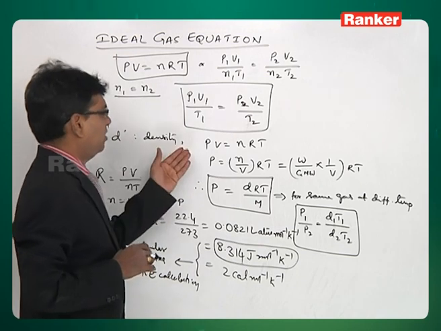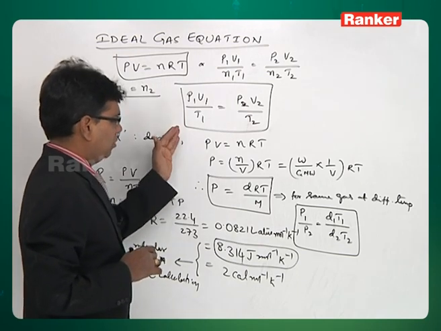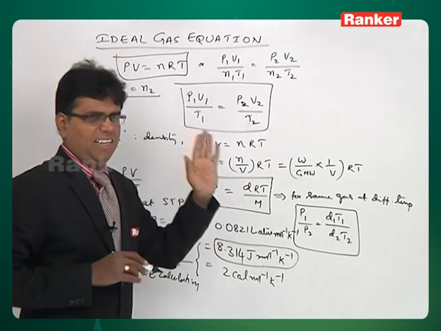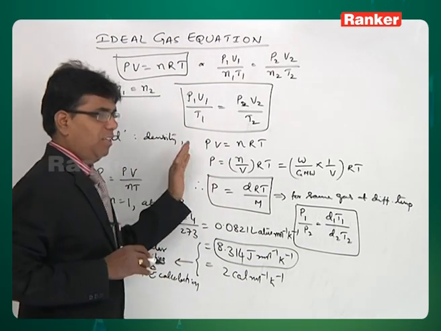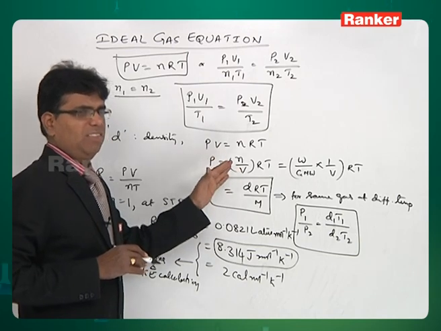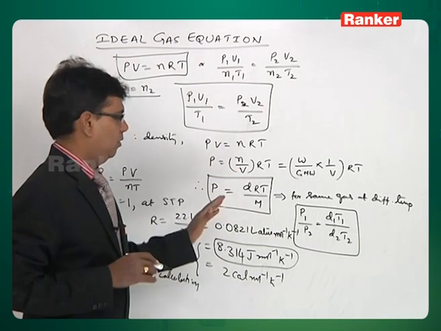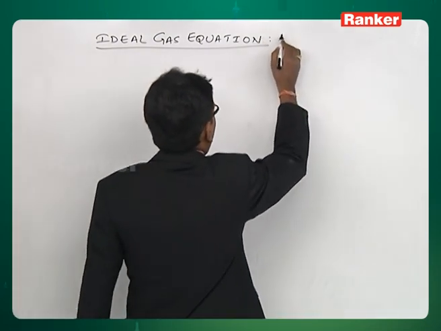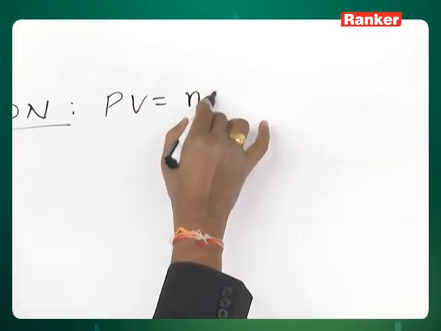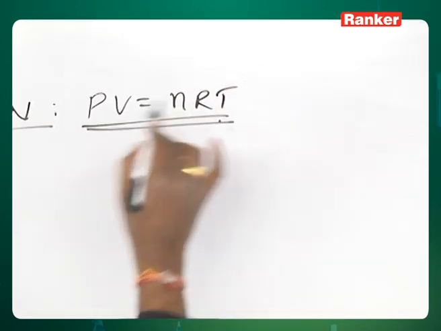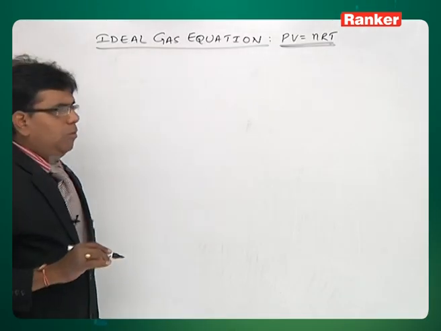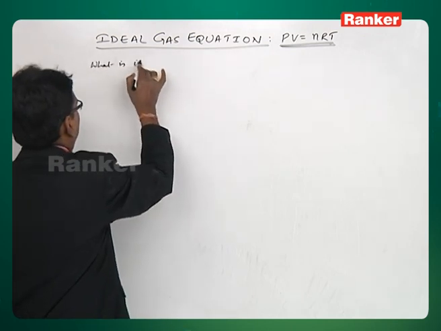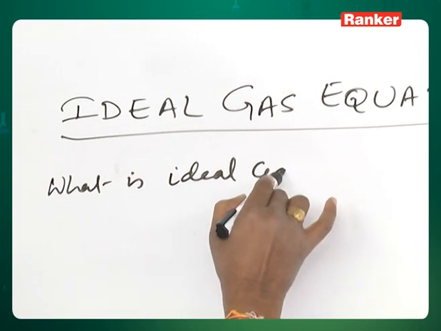So, next we will see some simple applications of this ideal gas equation. And first of all, here we define what an ideal gas is. Okay. So, this ideal gas equation, what we are giving is PV equal to nRT. Now, what is an ideal gas?